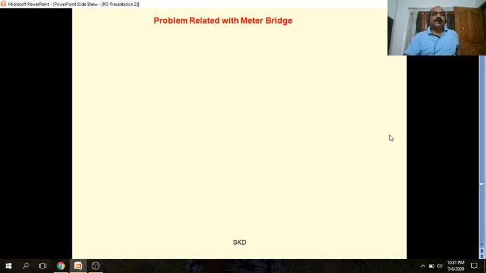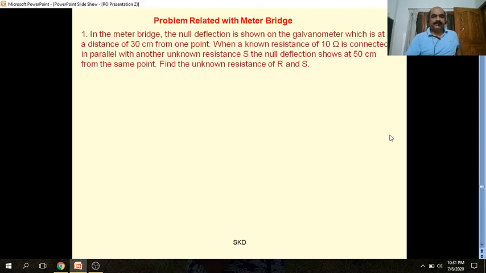Okay, let's see some problem related to that concept also. See here, there is a Meterbridge. The null deflection is shown on the galvanometer at a distance of 30 centimeter from one point. When a known resistance of 10 ohm is connected in parallel with the unknown resistance S, the null deflection shows at 50 centimeter from the same point.